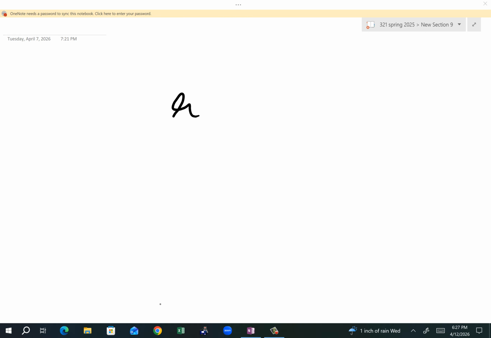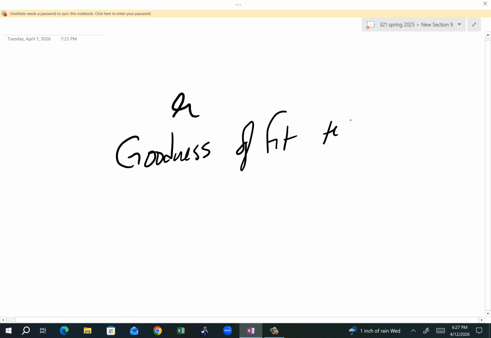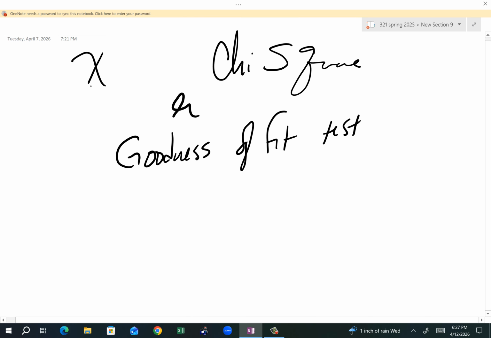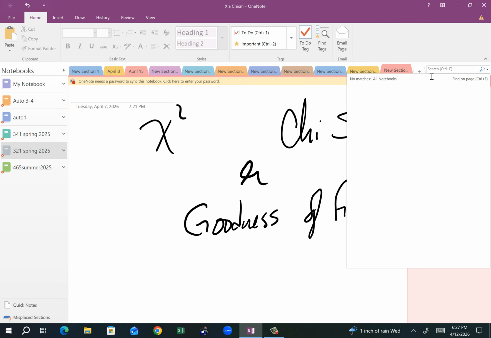All right, so like I was saying a minute ago, it's a goodness of fit test. It is a chi-square test. Chi-square, our guy chi-square, remember him? Now, the cool deal about this is it's super easy.